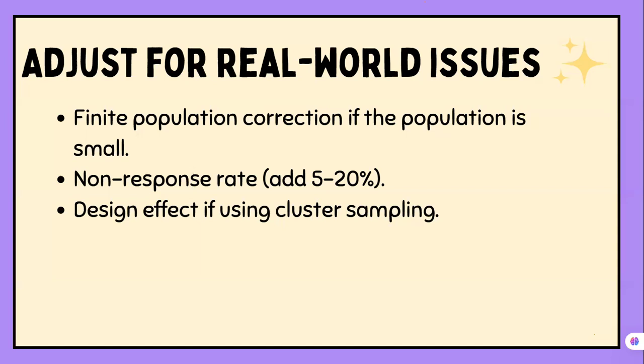And if it is categorical data, some participants do not respond. For that purpose, either we have to add that particular percentage or minus that particular percentage from the sample size. It is also a specific formula for this purpose. And if you are doing cluster sampling, then we have to use another formula for the adjustment of the figures, that is known as design effect.